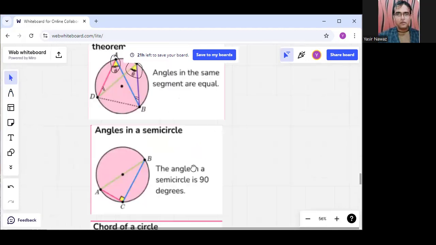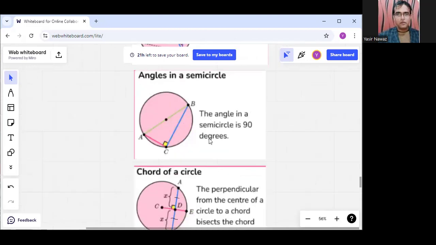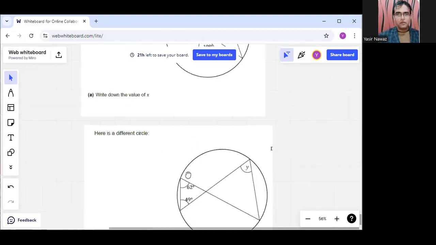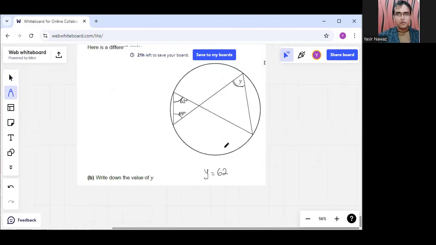This theorem is angles in the same segment. So the angle in the same segment, this 62 would be the same as y. So y is 62. Angles in the same segment.